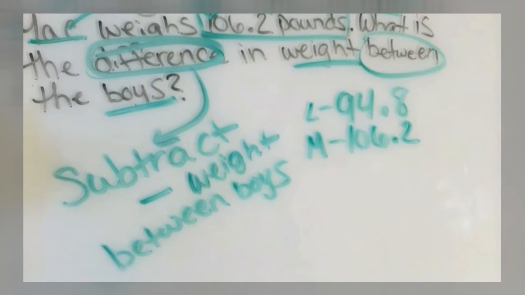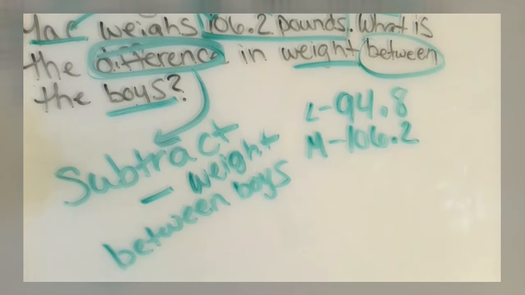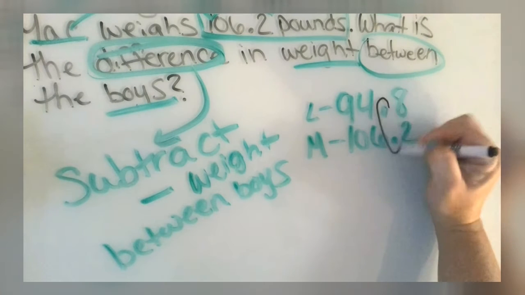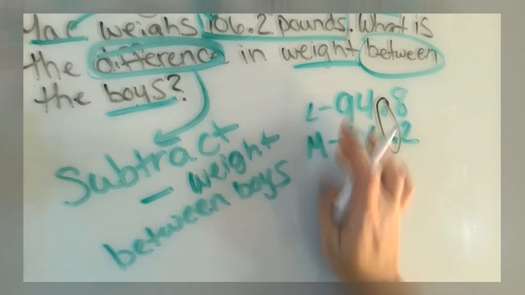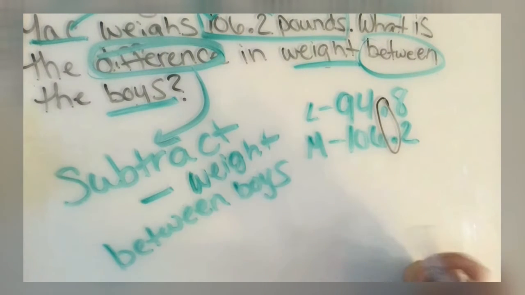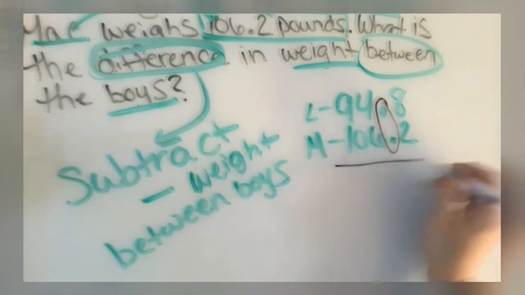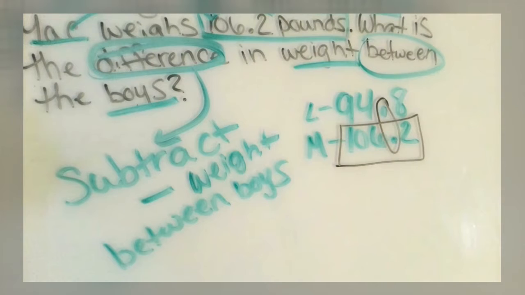Okay? So we're going to subtract. The most important thing that you remember is to line up your decimals when you're doing subtraction. But you don't ever want the smaller number on top. You always want the bigger number in subtraction.